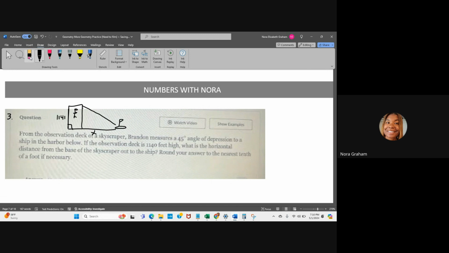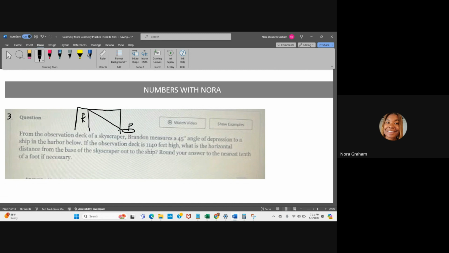Actually, let me draw this a little bit differently. My apologies. So we have him in the building, and then this is going out that way. And like I said, an angle of depression, so he's looking down like that. That looks a lot better. And then we have the ship.